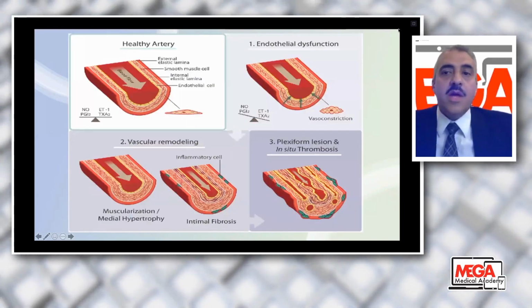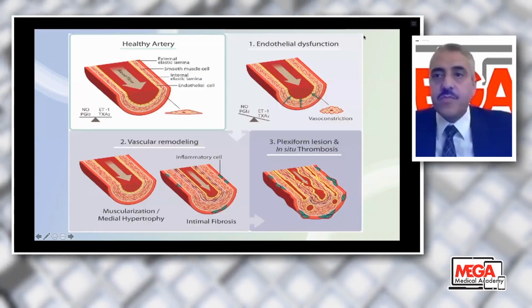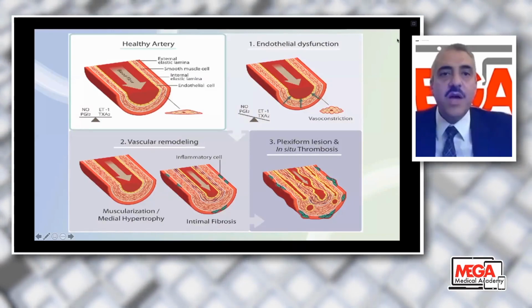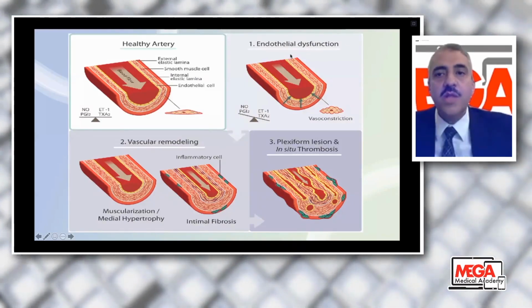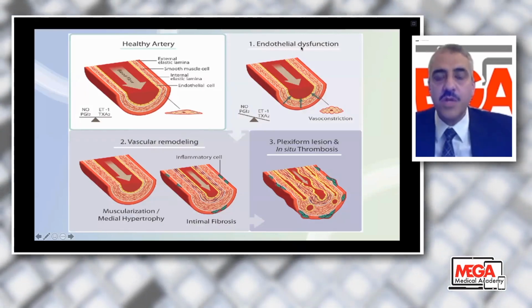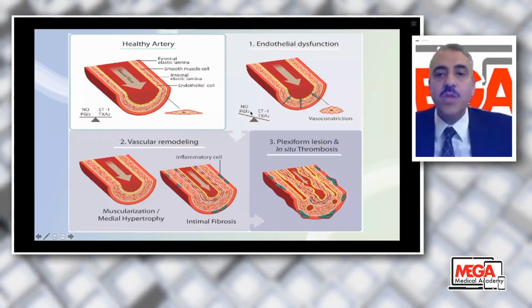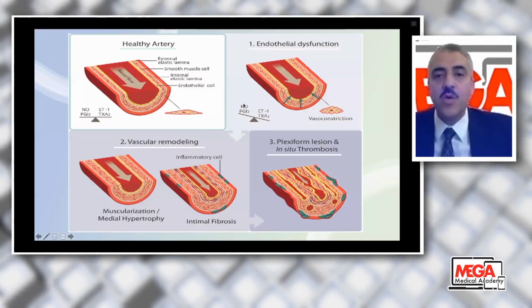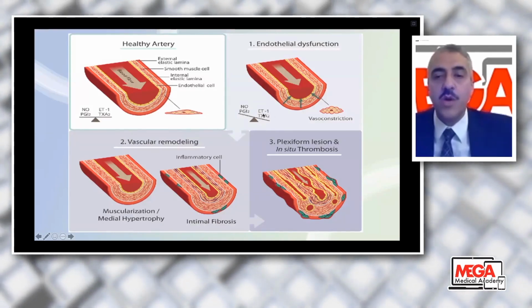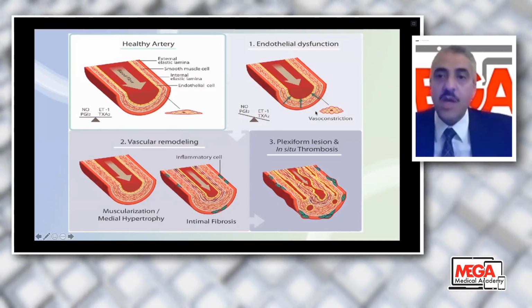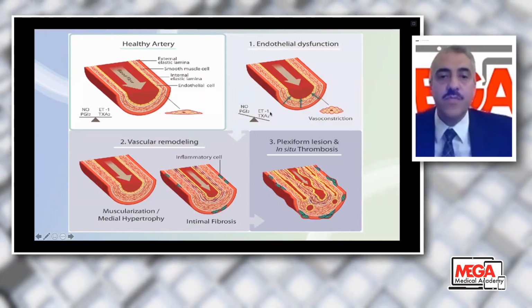Take a look now here. On the upper left corner, we have the healthy artery. And here, endothelial dysfunction is starting, with the imbalance between the vasodilators, nitric oxide and prostacyclin, and the vasoconstrictors, endothelin 1 and thromboxane A2, ending with vasoconstriction.